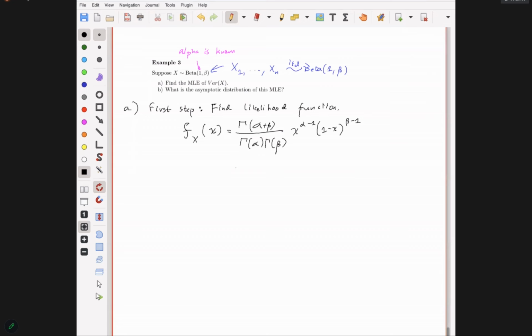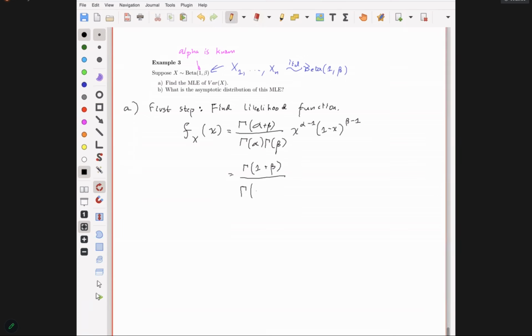And so inserting what we know about this, we can say that this is gamma of alpha plus beta over gamma of alpha, or sorry, I should be substituting 1 in place of alpha.